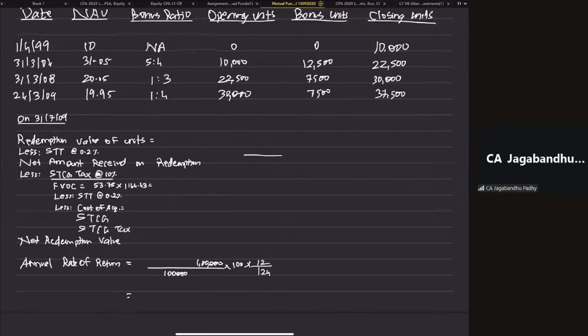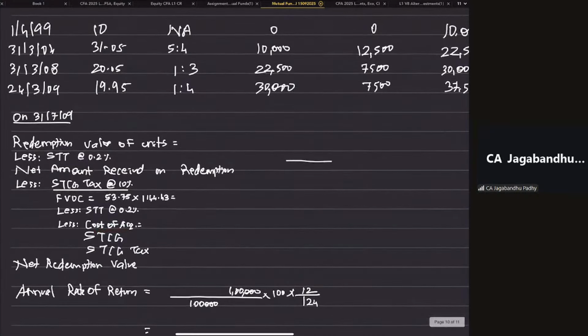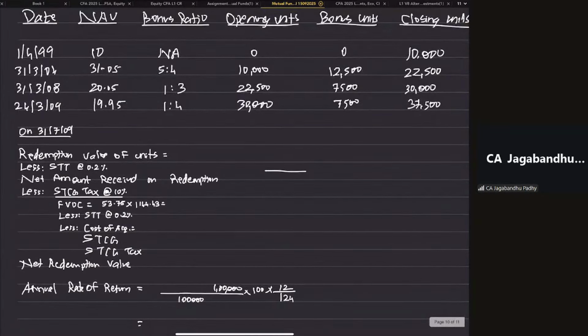Can you do this calculation, guys? Yes. Okay. Just remember cost of acquisition. Since it's a short-term capital gain, we are redeeming it on 31st of July 2009. So these 7,500 units which you have received, on this we have to pay short-term capital gain tax. For that, you can take the cost as 19.95.